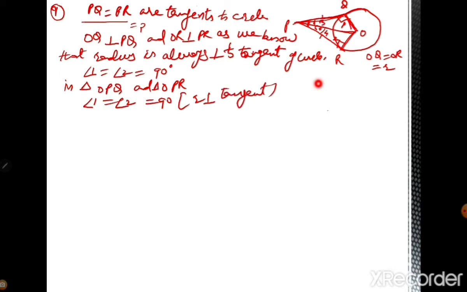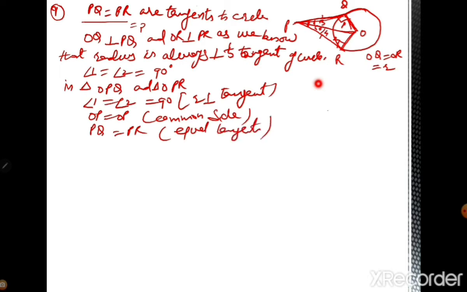We already explained. And then OP is equal to OP, common side. And the third one is equal tangents, so PQ is equal to PR. So all three parts are equal: this side, this angle and this side. Which criterion? That's right angle hypotenuse side.